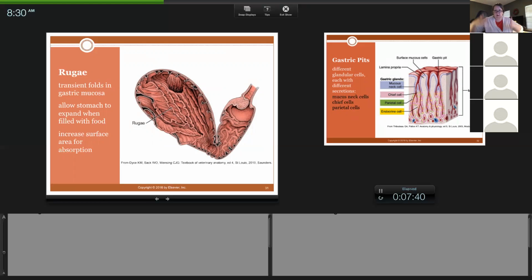The rugae are the folds, and so it allows the stomach to accommodate a greater amount of food, and it allows more surface area for absorption. Now, there is some absorption of a little bit of nutrients and some water in the stomach, but most of the absorption is going to happen in the small intestine. But a little bit does occur.